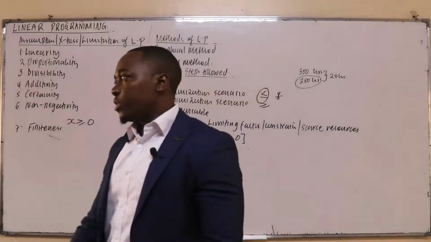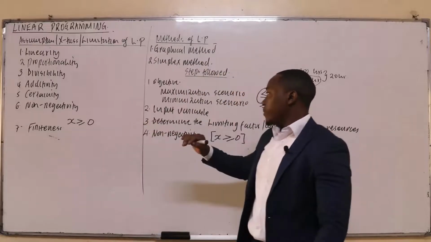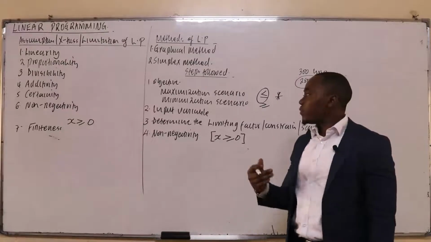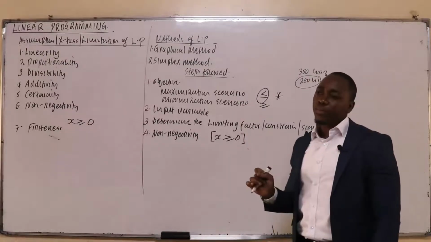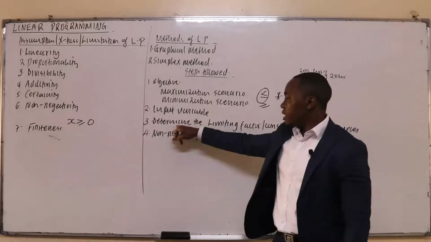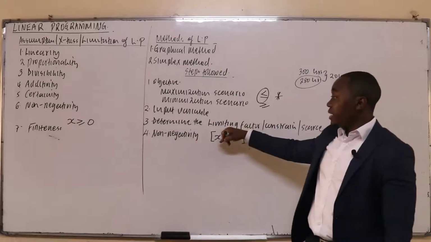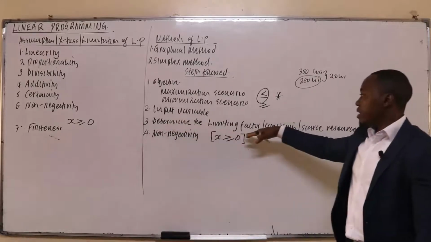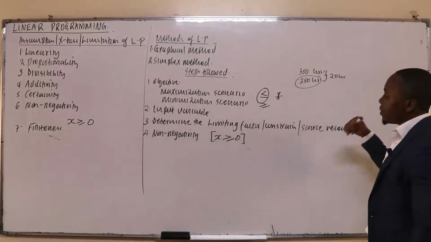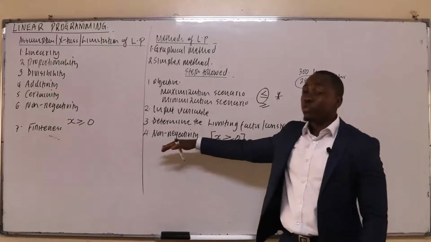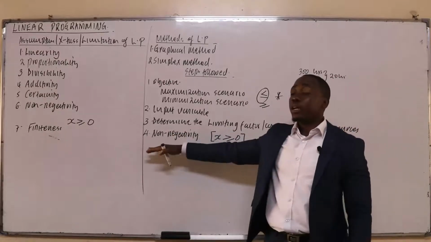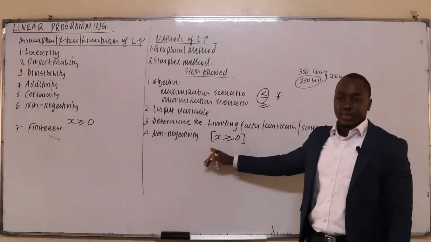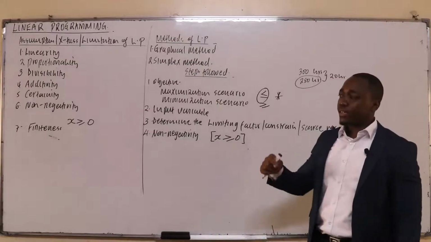Then step number 3, of these input variables, what can hinder you from attaining your objective? That's what we call the limiting factor. The limiting factor is one of the input variables you need to attain your objective. They are known as the limiting factors or the constraints or the scarce resources. And then lastly, you have to complete with this assumption. You must show that the units you are producing, it's either you produce nothing or more than 0. That means you cannot produce a negative unit.